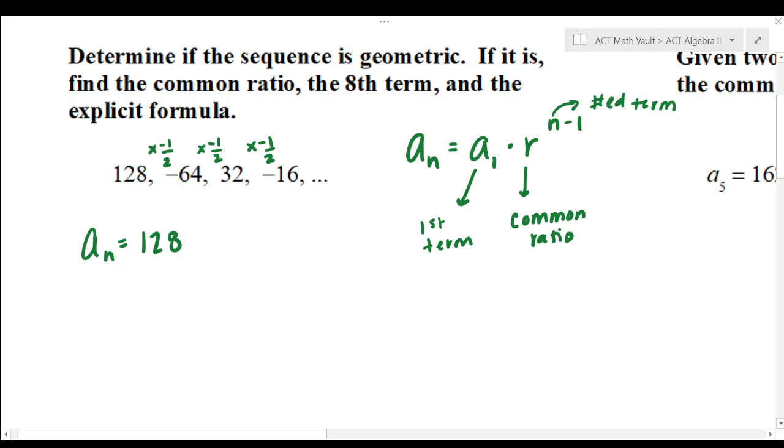Because anytime you write an equation for one of these, it normally will ask you for the formula and/or some random term. So I've seen problems on the test just like this, where it'll say, given this relationship, what would be... I saw one that said, what's the 100th term? So you write your equation and then you kind of figure out what that term might be.